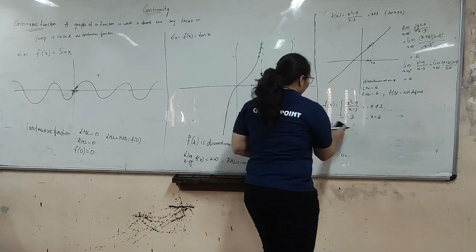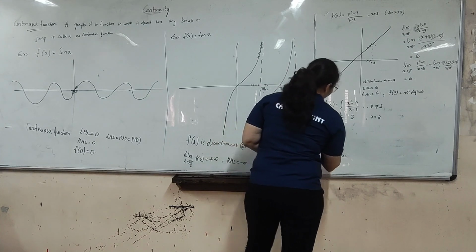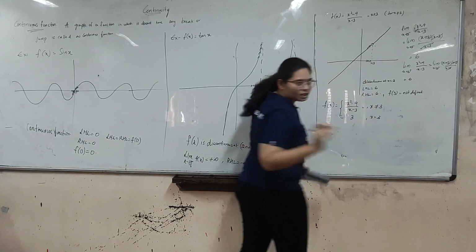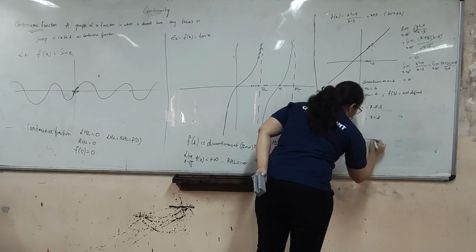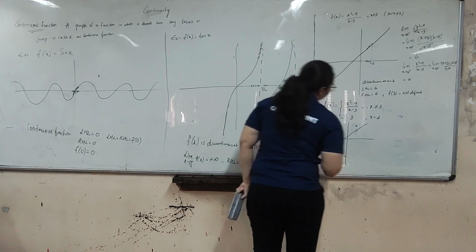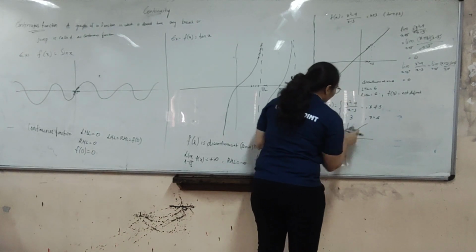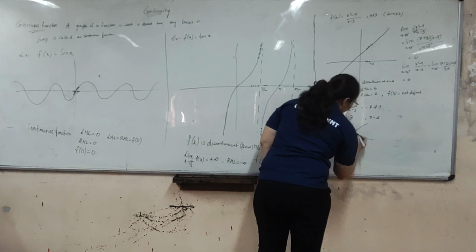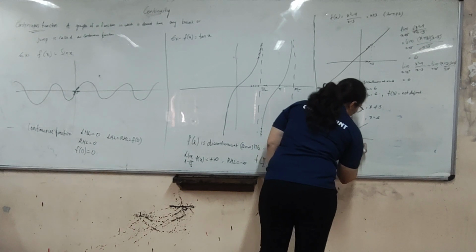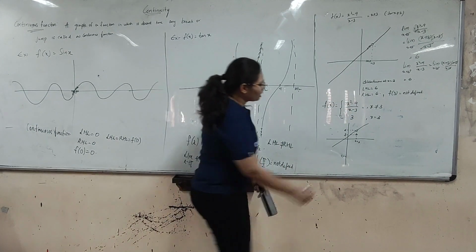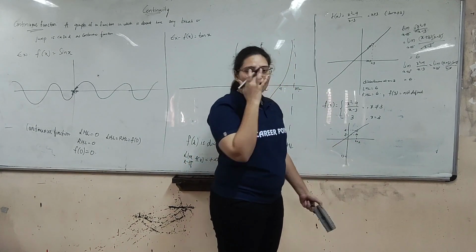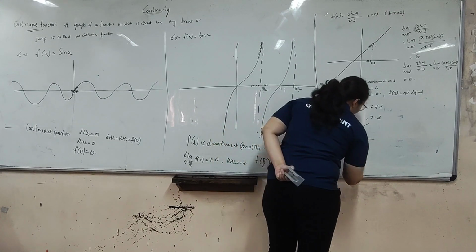The graph will be the same as before with a small change: at x equals 3 the point is 3. So here also we are lifting the pen, and we can see that it is not continuous at x equals 3.